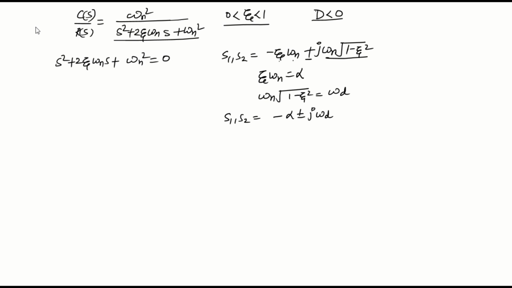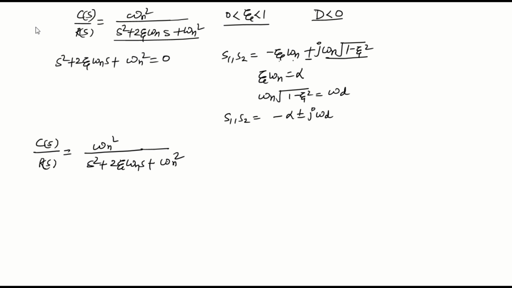Now let us calculate the unit step response of this second order system. The transfer function now is C(s) by R(s) equals omega n square divided by s square plus 2 zeta omega n s plus omega n square.